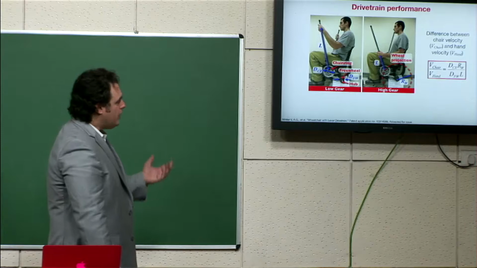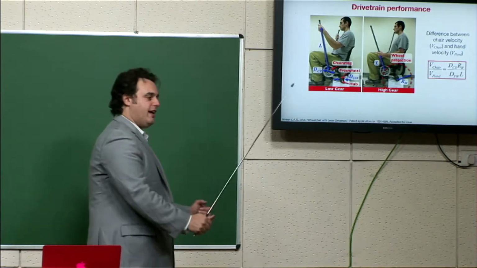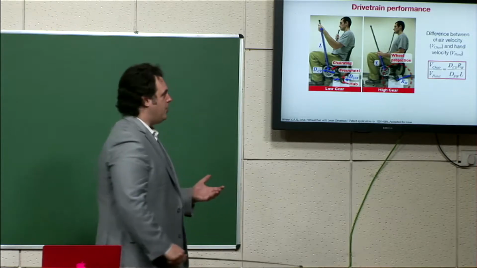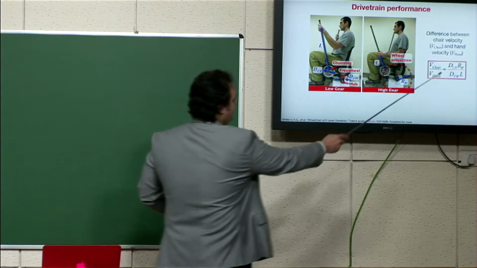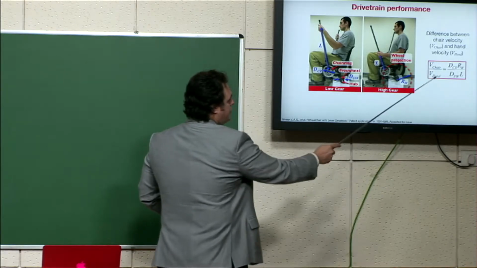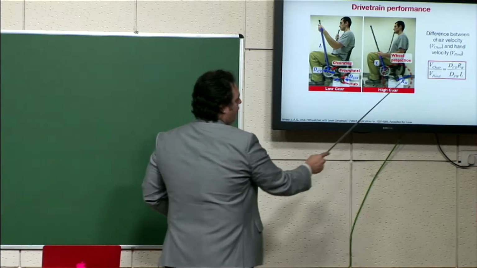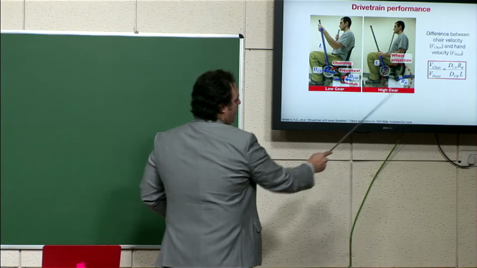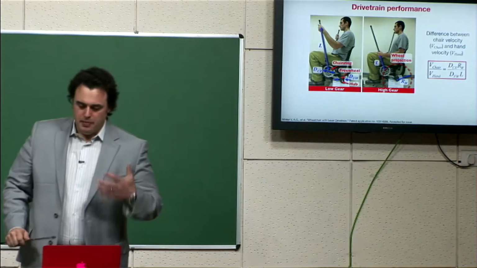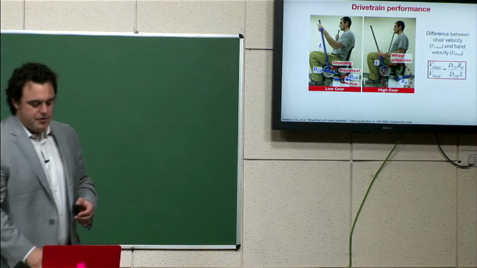And so we could relate how fast you're pushing with your hands to how fast the chair would move just by a function of the drivetrain geometry. So as a function of the diameter of the chain ring, which is this big gear right here, the radius of the wheel, the diameter of the free wheel, which is the ratcheting gear back at the wheel, and this effective lever length. So this was a big insight for us.